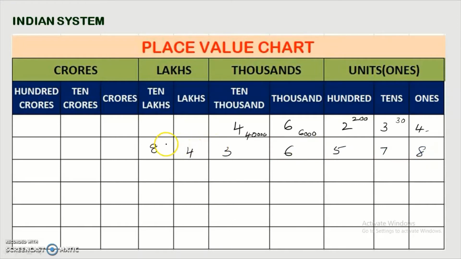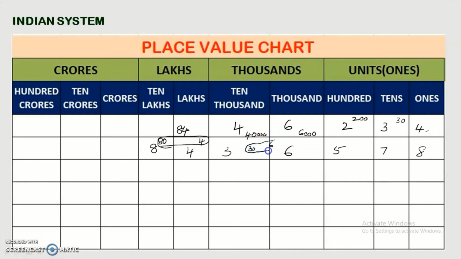we can read it as, see this one is 80 lakhs and this one is 4 lakhs. So 80 plus 4 gives us totally 84 lakhs. So we'll read it as 84 lakhs, and here also this is 30,000 and this one is 6,000.